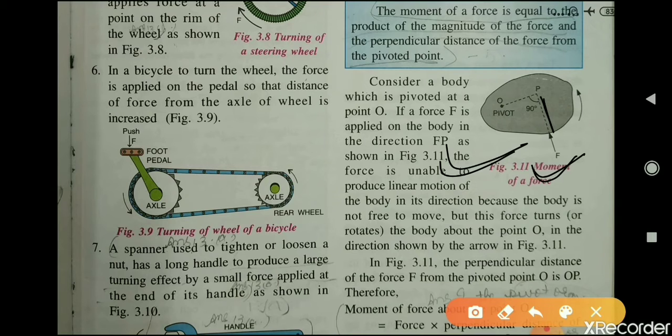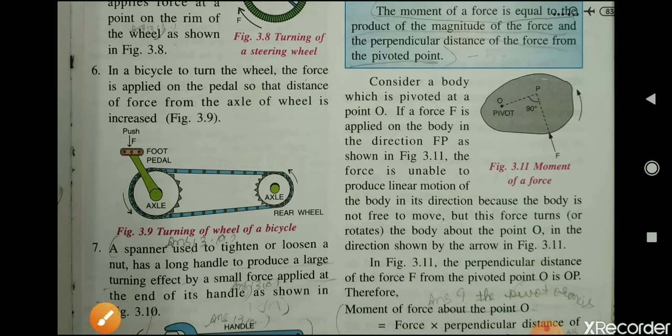So the perpendicular distance of the force F from the pivoted point O, this is the pivoted point O, and we are applying force here. So the perpendicular distance here is OP. You can see we are applying force in this direction and this is the pivoted point. So this is the perpendicular distance OP between the force and the pivoted point.